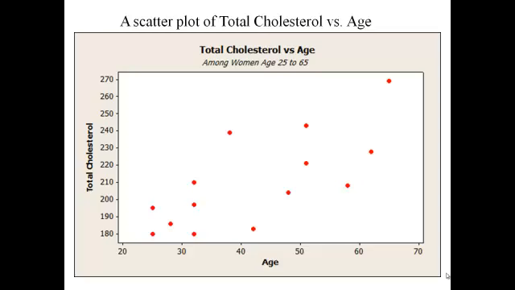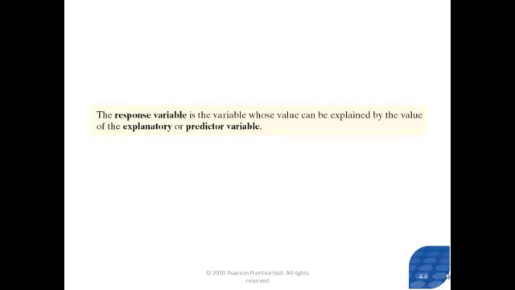Now you'll notice that I've placed total cholesterol on the y-axis and age on the x-axis. There's a reason for this. In this study we're interested in how age affects cholesterol, not the other way around. In this kind of situation we call total cholesterol the response variable, and age is called the explanatory or predictor variable. The response variable is the variable whose value can be explained by the value of the explanatory or predictor variable. In general, it's the variable you're interested in analyzing or predicting.